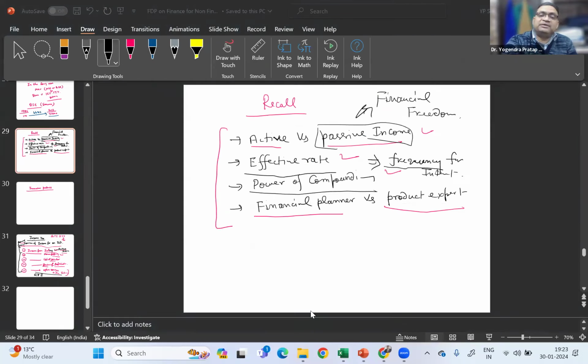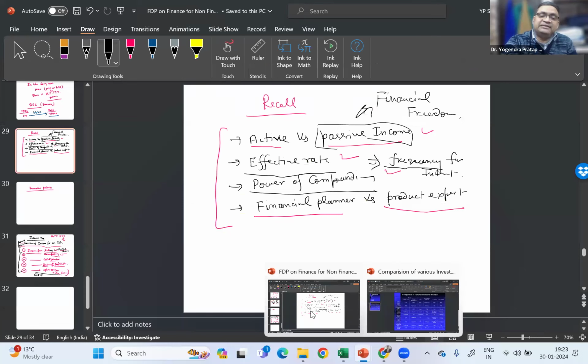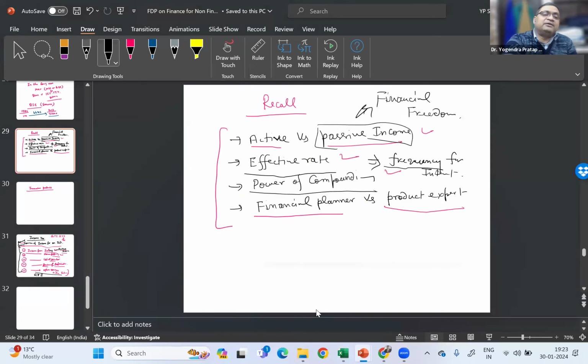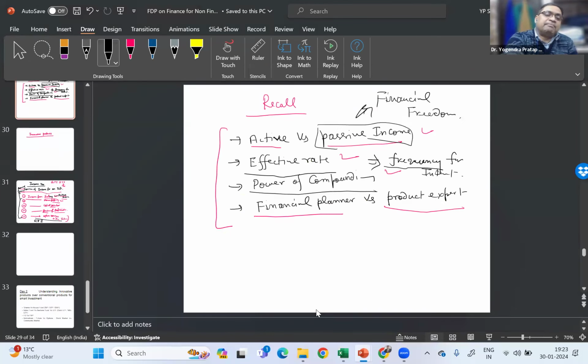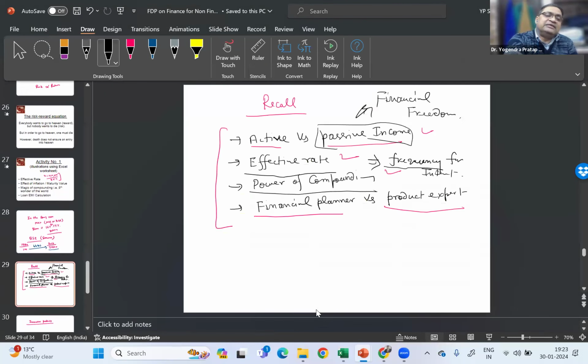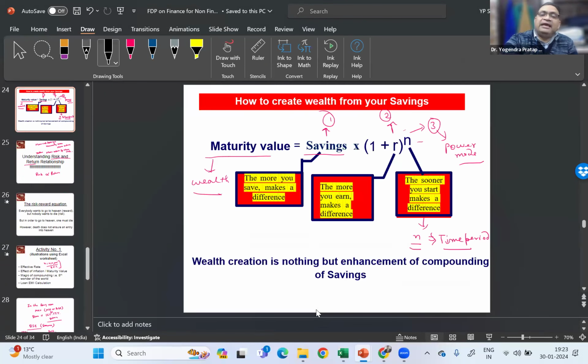This is also very much important, and the logic behind this is that in our calculation, n is in the power mode, the time period. In these three variables, saving, rate, and n, in today's scenario it is very difficult to save more.